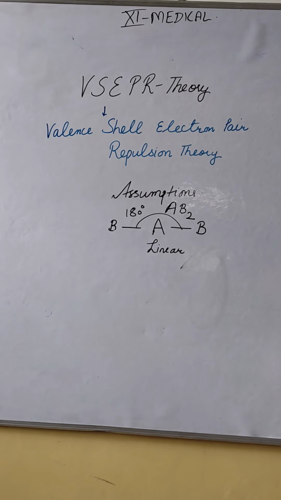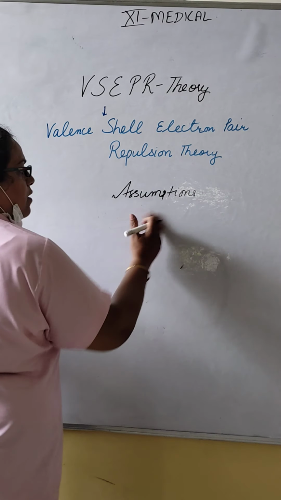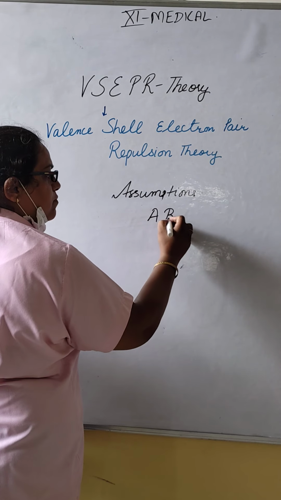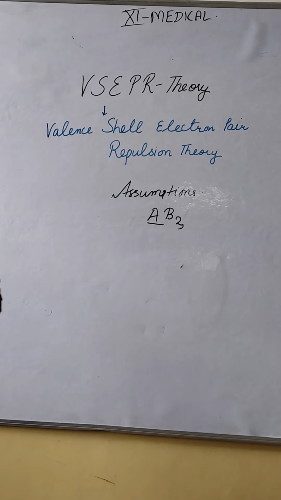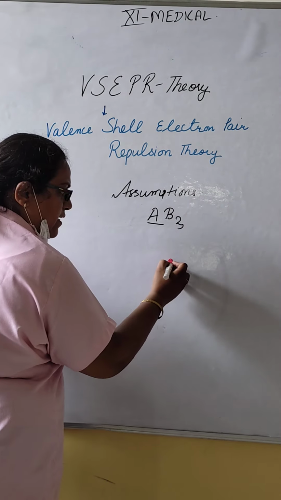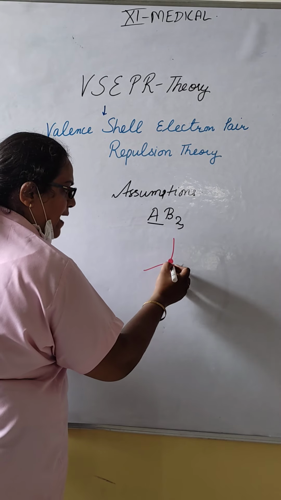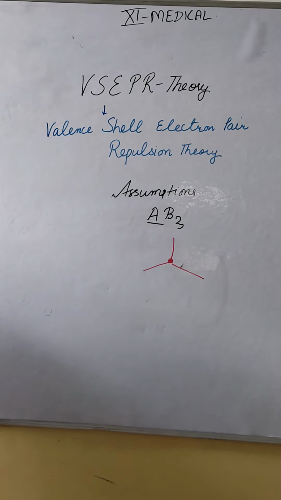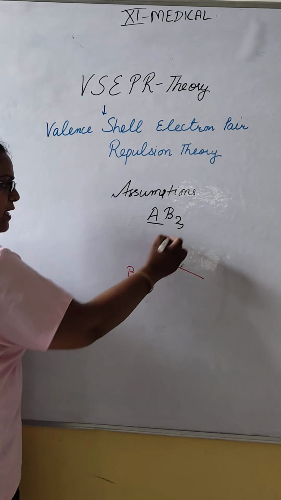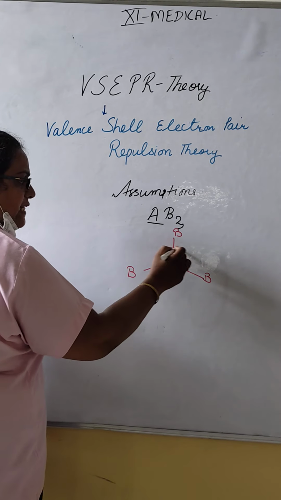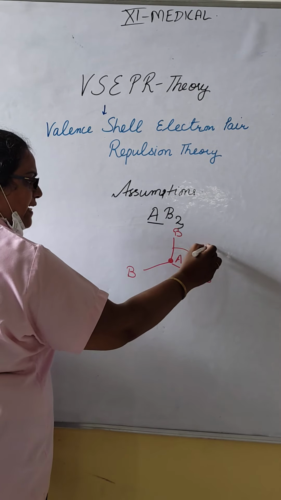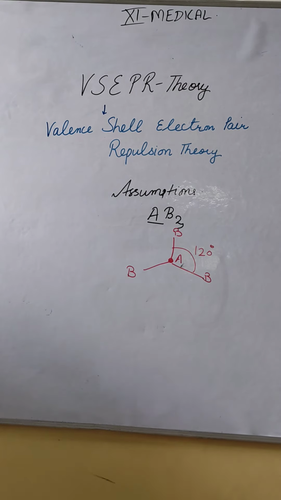Next is AB3 type. This is your central atom, central atom A. It is surrounded by three other atoms, B, B, B. In this the angle will be 120 degrees and the geometry will be triangular planar.